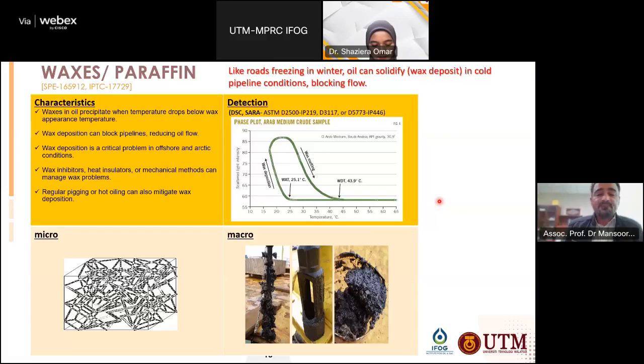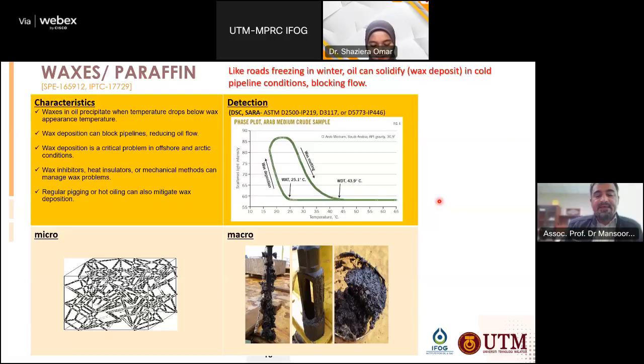For example, heating the oil to a temperature above WDT can help to manage wax. And of course, for the detection, we can use differential scanning calorimetry. We can use SARA test. We can use ASTM D2500, IP219, a test from the Energy Institute, which is all about the pour point.